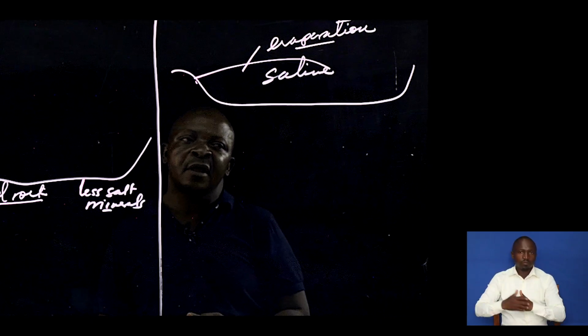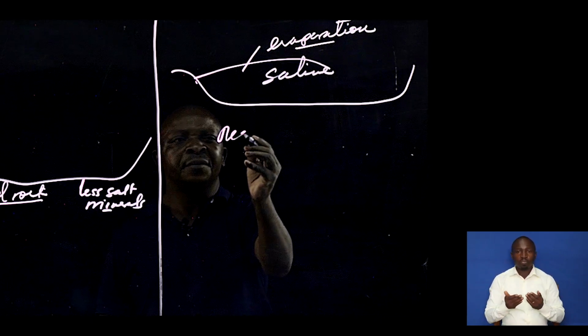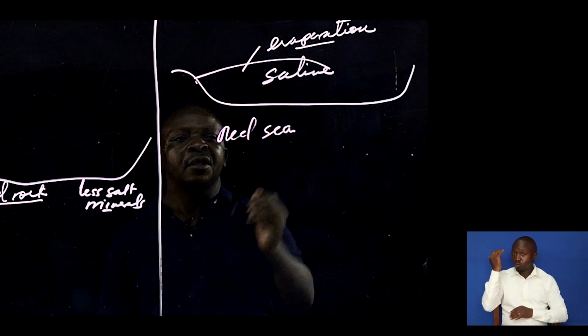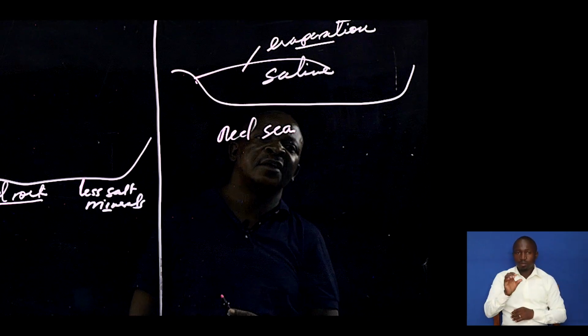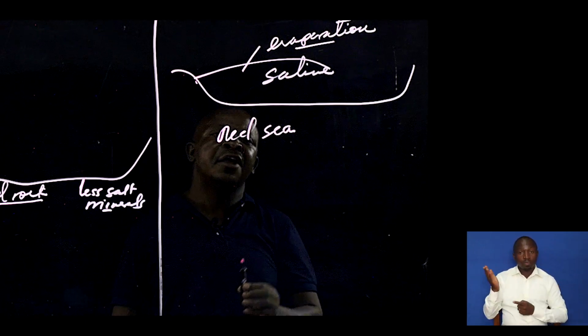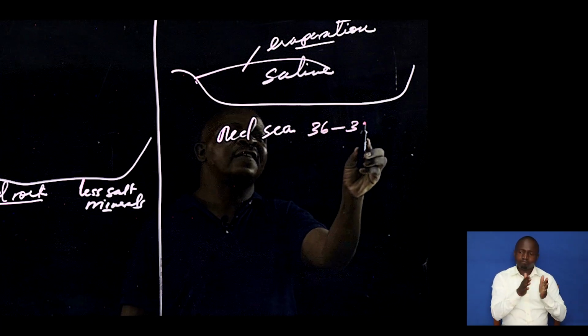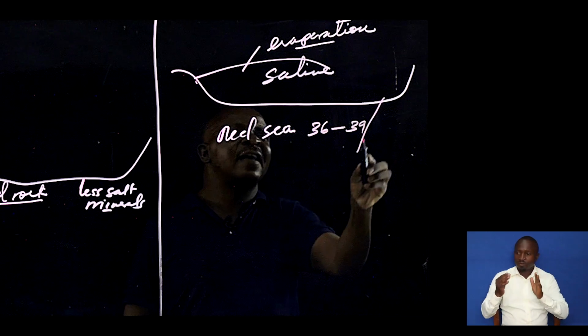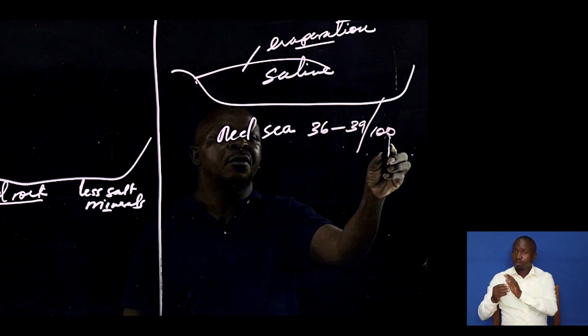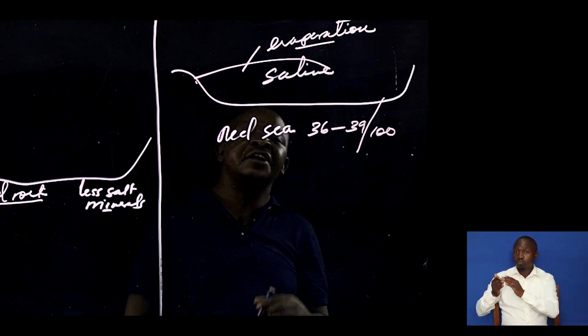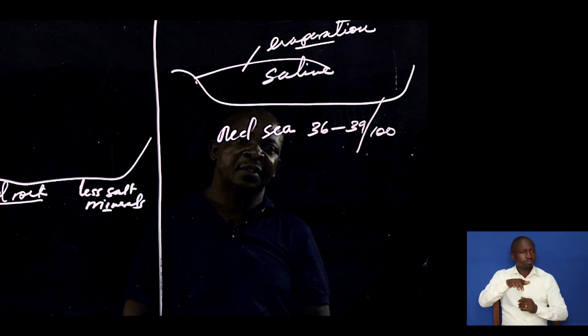For instance, the Red Sea has salinity ranging from 36 to 39 per thousand by being located in a region of high temperature.